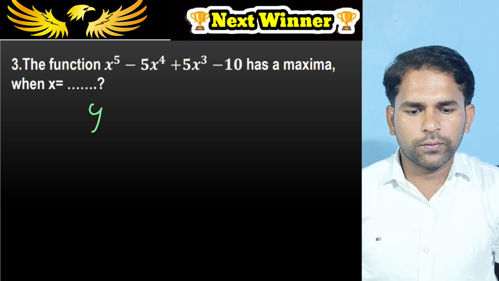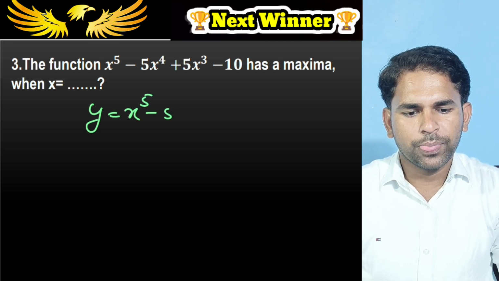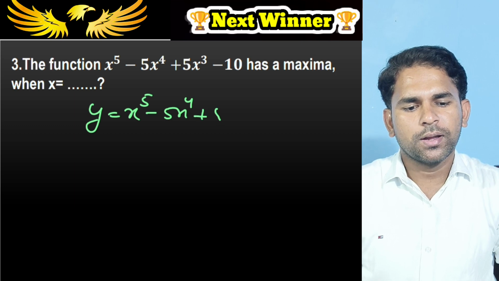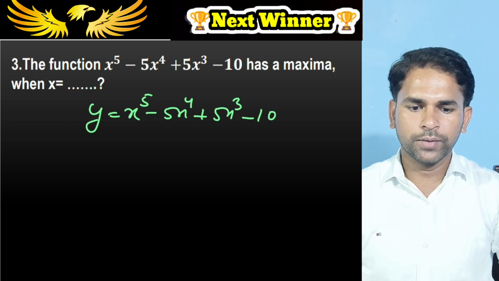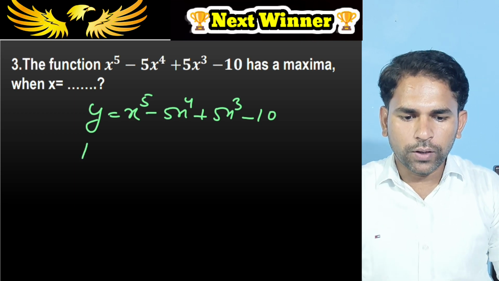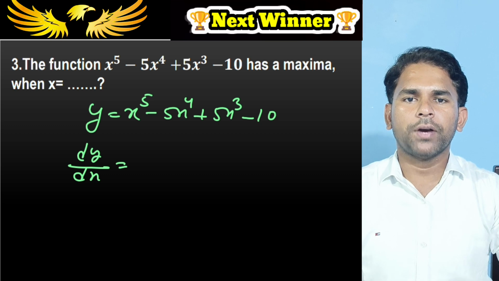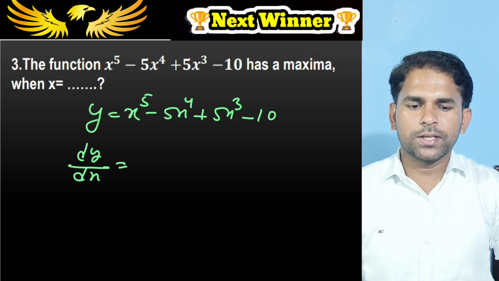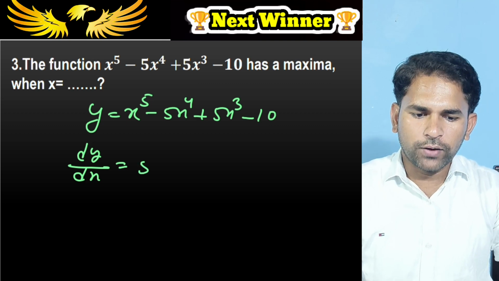First we write y = x^5 - 5x^4 + 5x^3 - 10. Is it okay or not? After that we differentiate with respect to x. So dy/dx is the differentiation of x^5, which is 5x^4.